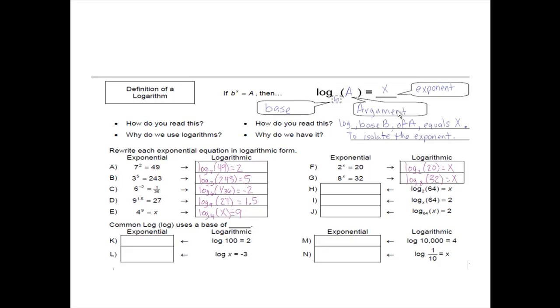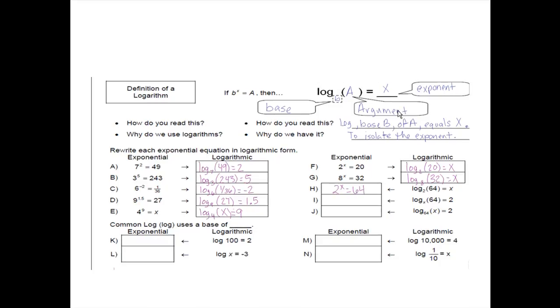Now when we do H through N, we will be going from logarithmic to exponential. If we look at the first logarithmic, right there, it's log base 2 of 64 is equal to x. Now this becomes 2 to the x power equals 64. Next one, log base x of 64 equals 2.